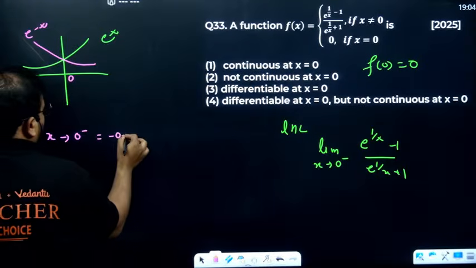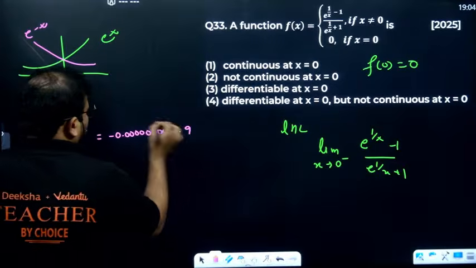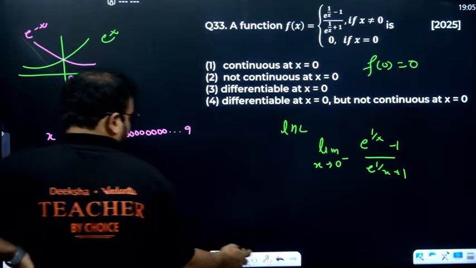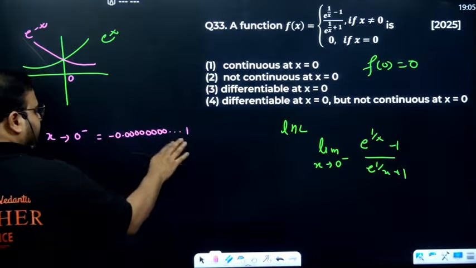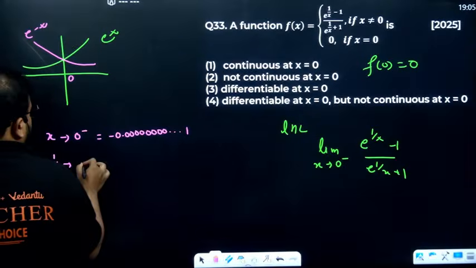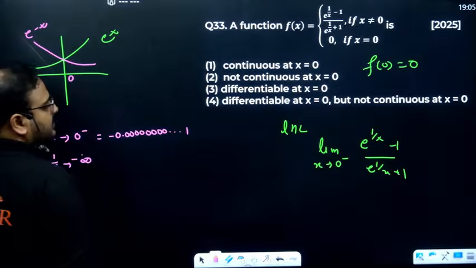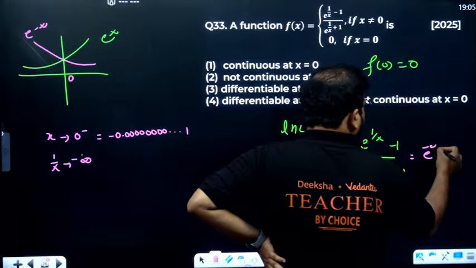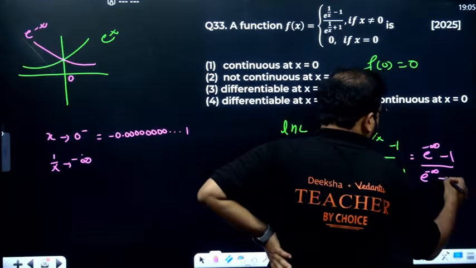Means minus 0.000000001 somewhere, some very small value, we can't define it, but my point is 1 by x will become 1 by the same number, that becomes negative infinity. So this will be e power minus infinity minus 1 upon e power minus infinity plus 1.